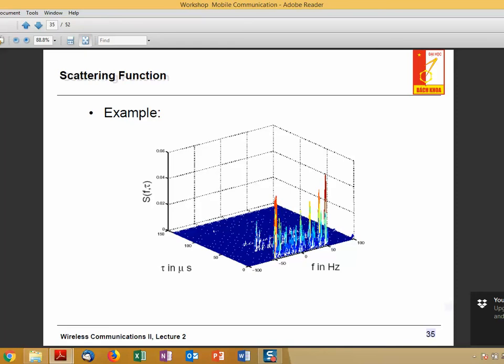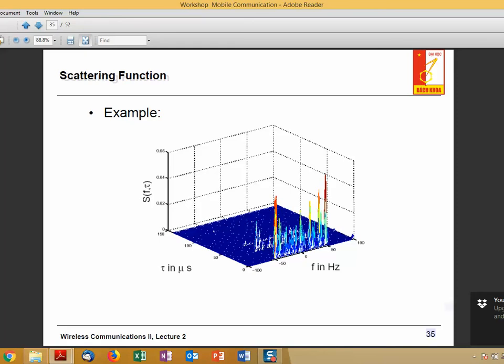That is the power delay profile. So this observation is the observation of the time power delay profile. So in this direction you have the PDP, the power delay profile, and in this direction, the Doppler spectrum.